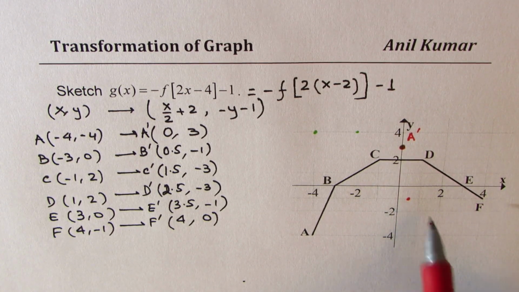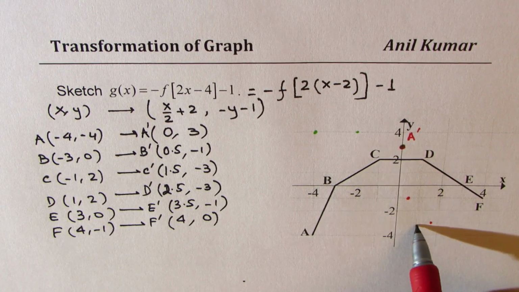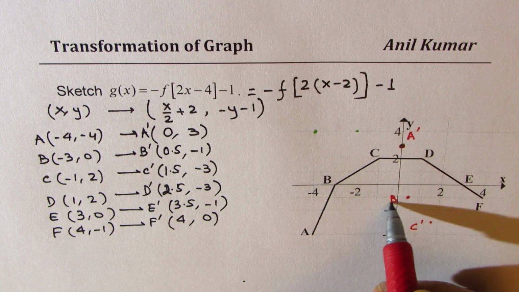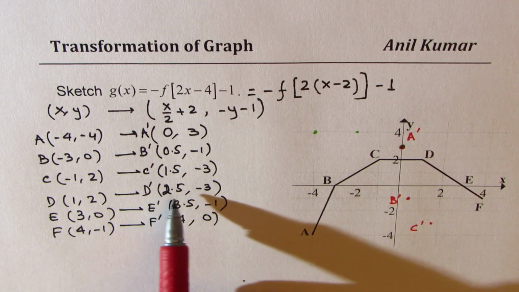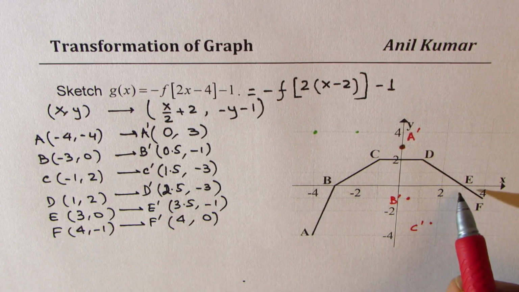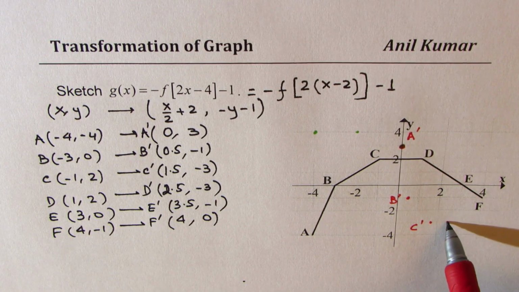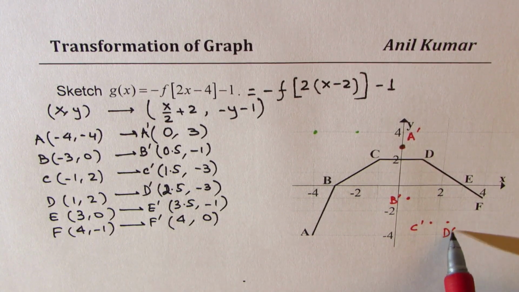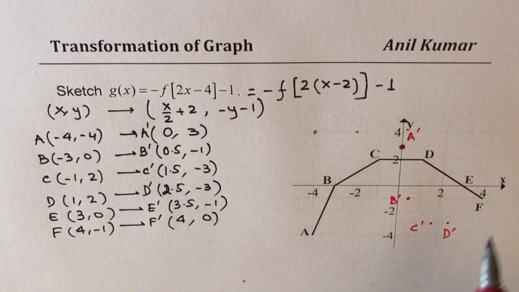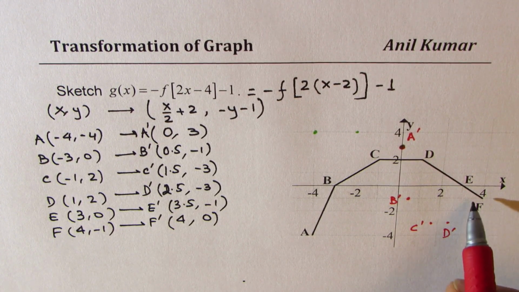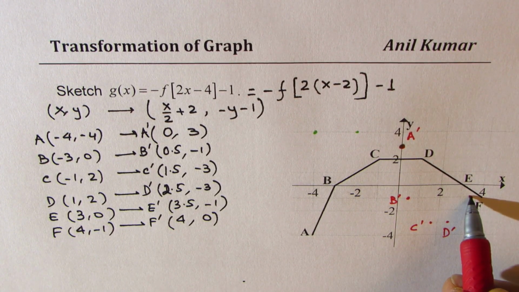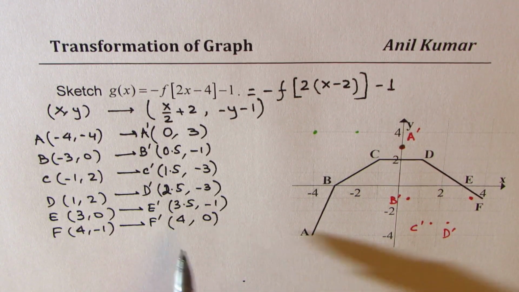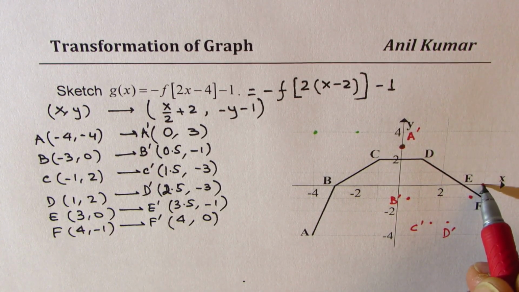This is B dash. D dash is 2.5, minus 3, right there. This is D dash. E dash is 3.5, minus 1. And then F dash is 4, 0 right there.